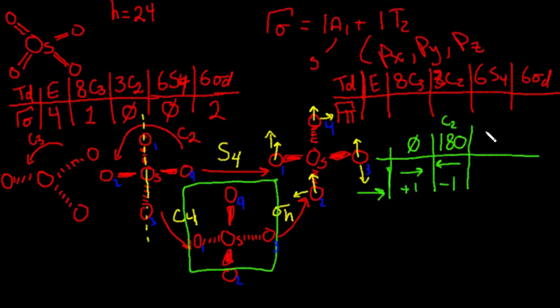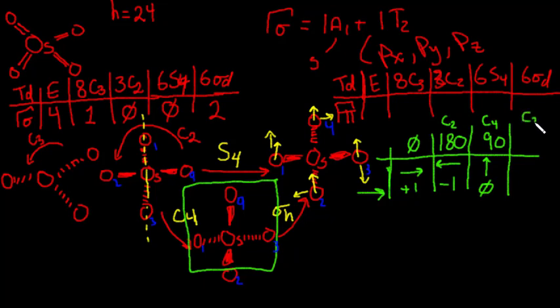In the case of a C4 rotation, where we rotate by 90 degrees, now we are perpendicular to the starting vector, so we're not pointing in the positive or the negative direction, and this would be assigned a 0. You can check by plugging in cosine of 90, and that would be 0.